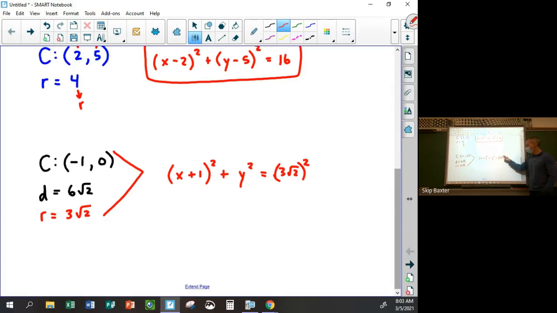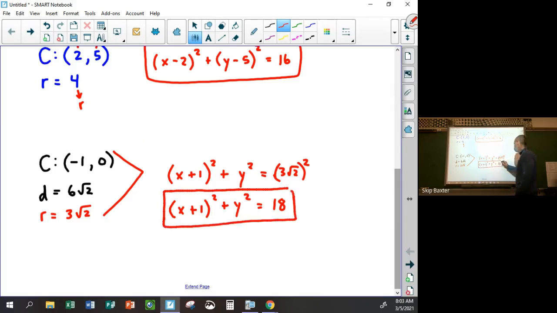So you get 9 times 2, right? The square of 3 is 9, the square of radical 2 is 2. So this ends up being 18. So you're going to get (x plus 1) squared plus y squared equals 18. Okay, this is called standard form of the equation of a circle.